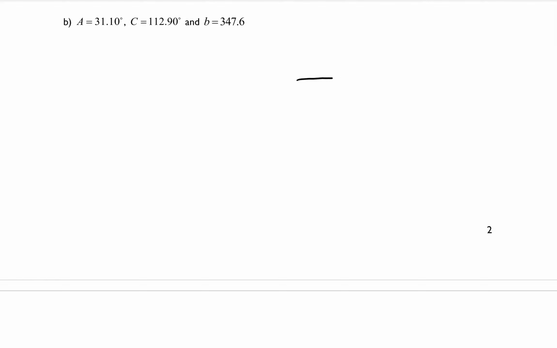And one thing that I might have forgot to mention, but you've probably come to this realization, is that the capital letter A is the angle and it corresponds to the side length a that's lowercase.